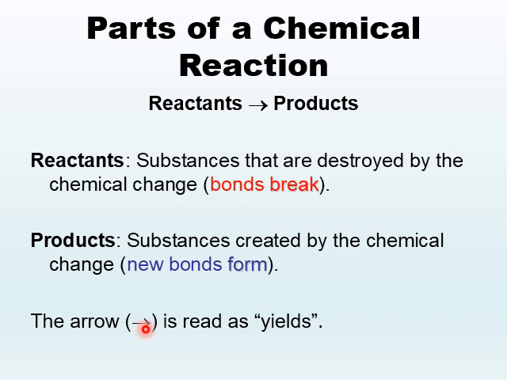The arrow is read as yields, or we can say to form. Reactants together form products.